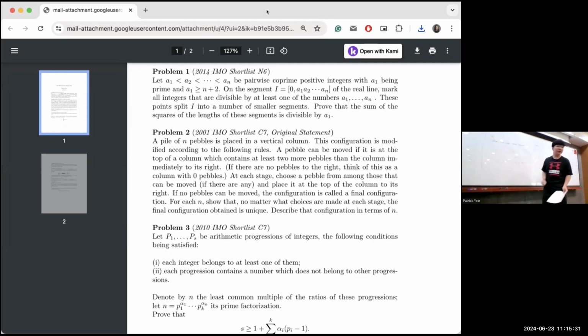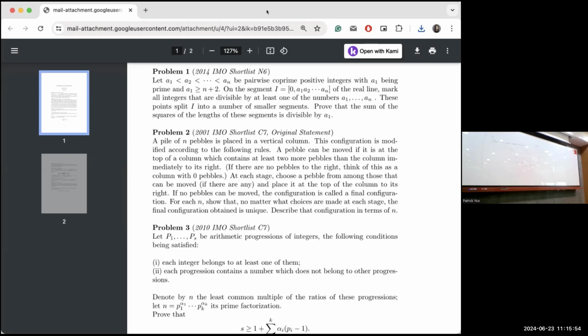This should be pretty clear from the moves itself, because we have the condition that the left column must be at least 2 higher than the right one if we are going to do a move. And so that preserves this. It should be clear from the operation given.